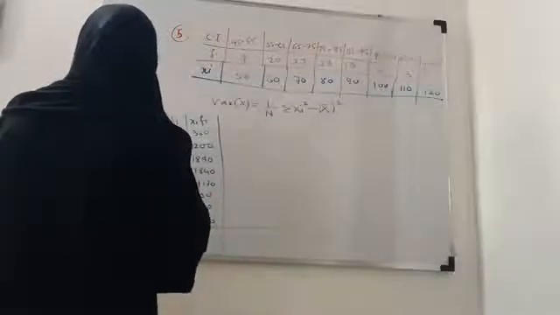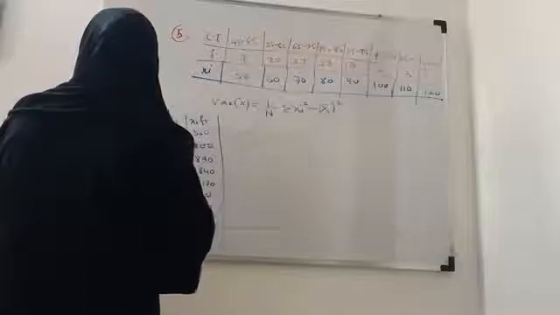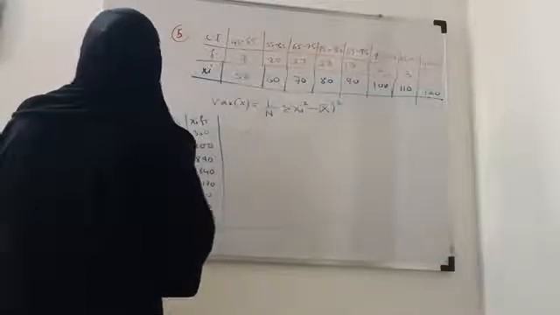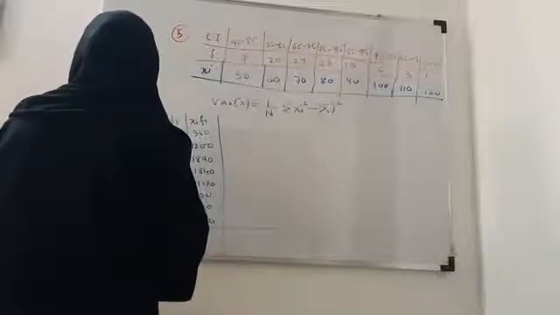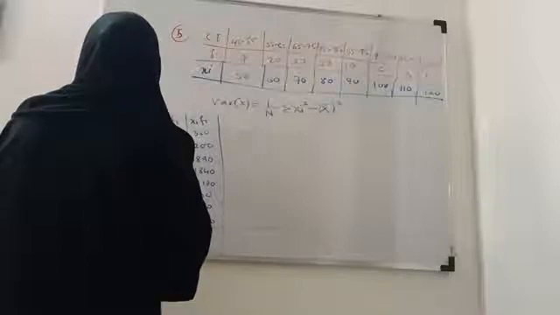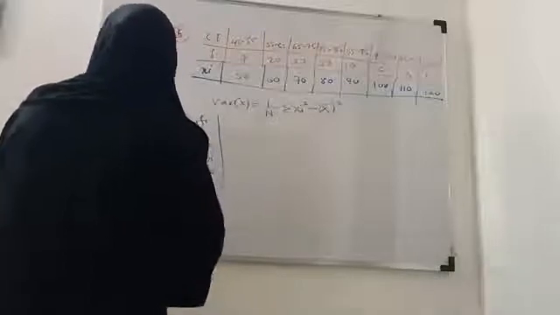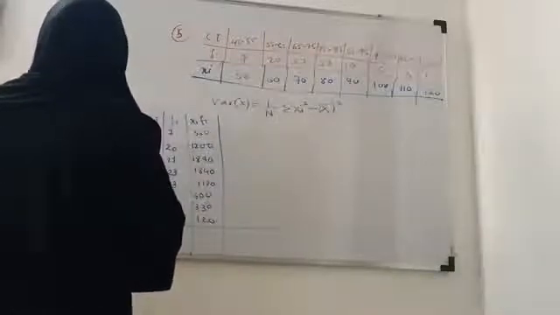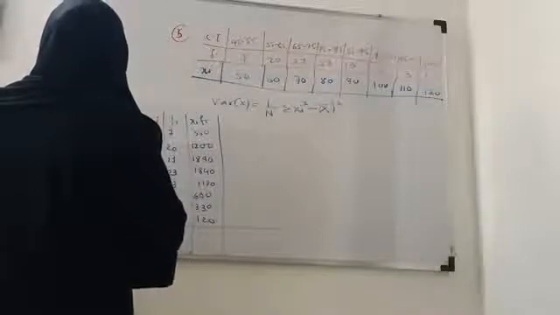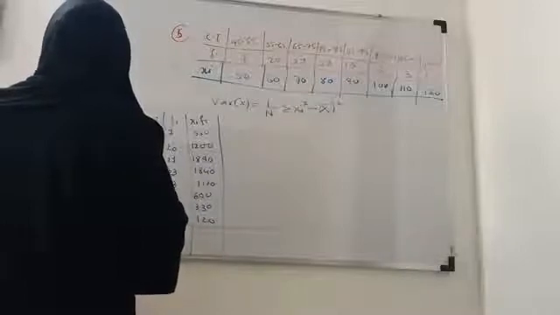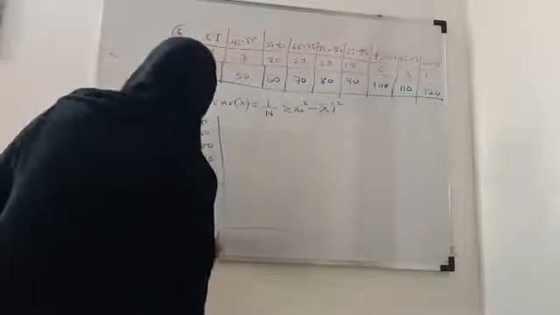Then we require addition of this, right? So the addition is 350 plus 1200 plus 1890 plus 1840 plus 1170 plus 600 plus 330 plus 120, which is 7500.